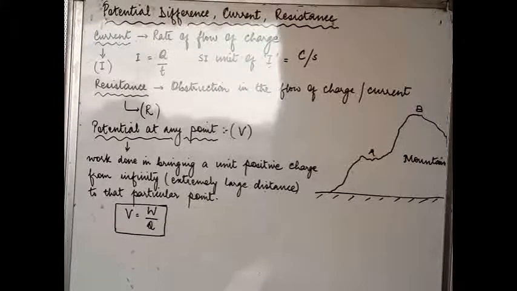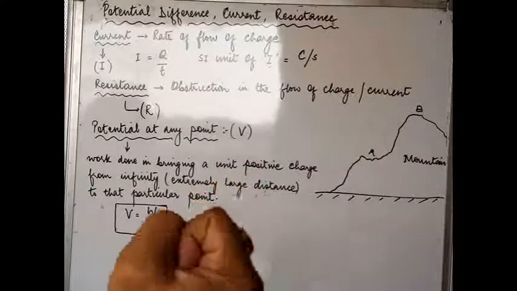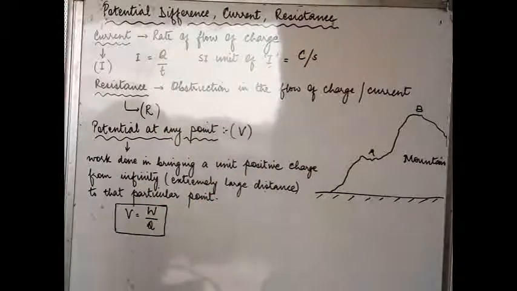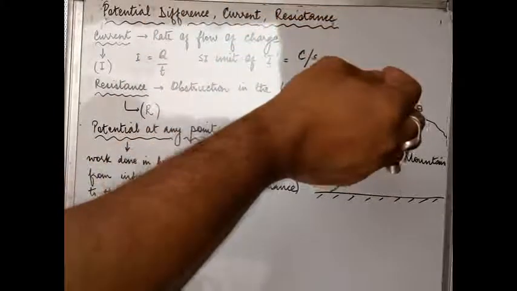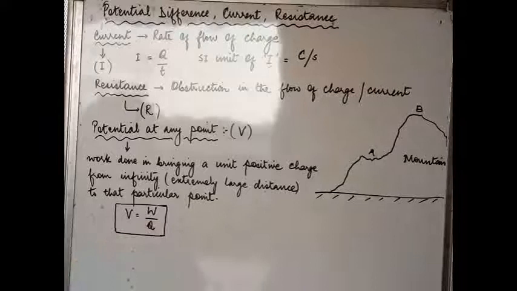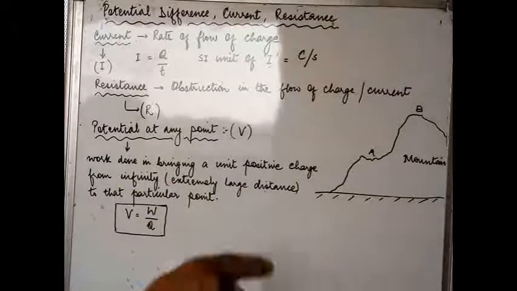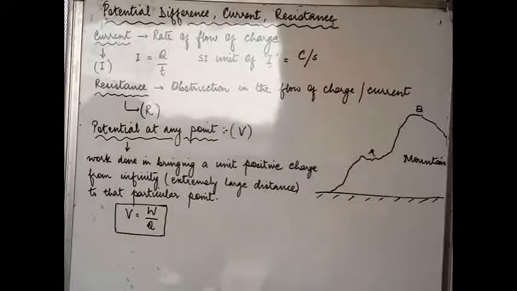So it is like you have caught hold of a unit positive charge and you are bringing it from a very far off distance to a given point. Obviously you are doing some work in bringing that charge from a far off distance to a particular point. That work is defined as the potential at any point. That means the more the work you do in bringing the charge, the more will be the potential at a particular point.